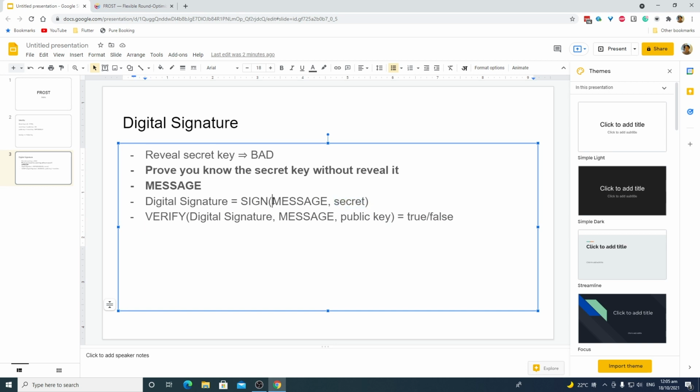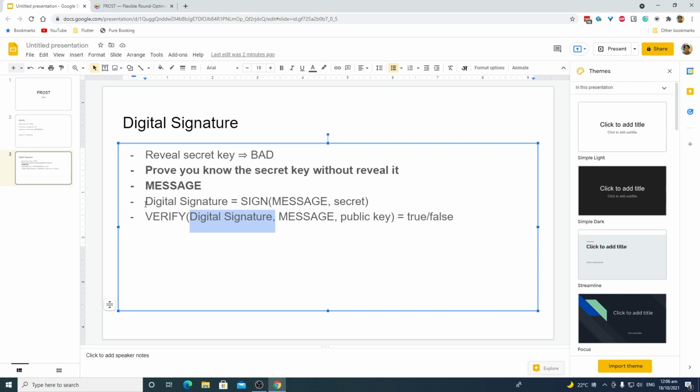So these two algorithms put together allow you to show that you know the secret key and that the message has not been tampered with. So that's even more than what we want.